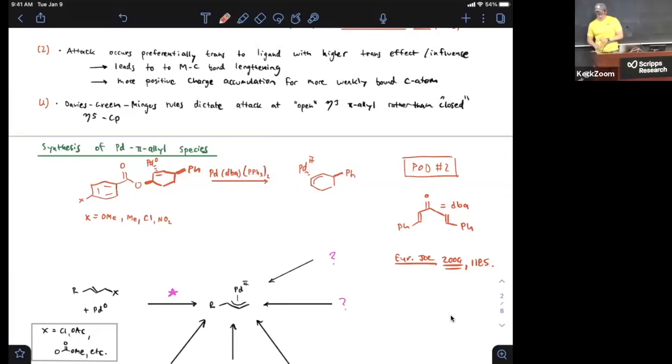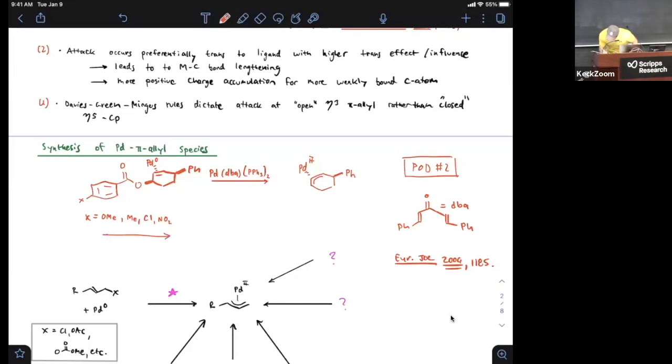Okay, now given that that's the product, how do you expect the order of reactivity across this series to be, from methoxy to methyl to fluoro to nitro? From least to the most. Beautiful.